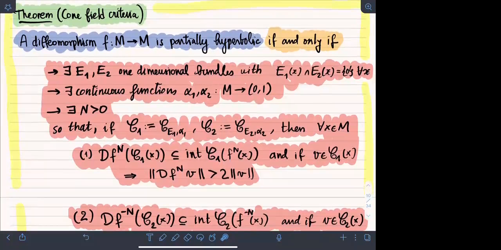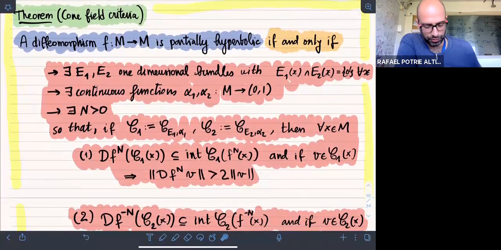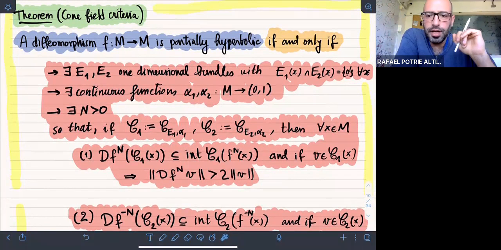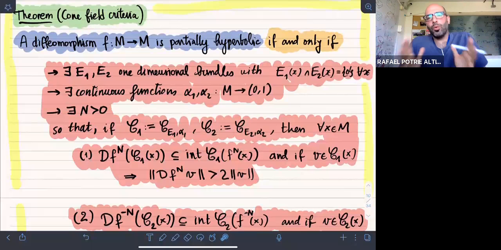Sorry, is this equivalent to pointwise partial hyperbolicity or absolute? Okay, also a good question. So this is pointwise partial hyperbolicity, okay. I won't enter into being very precise about these distinctions. There are subtle differences between definitions.